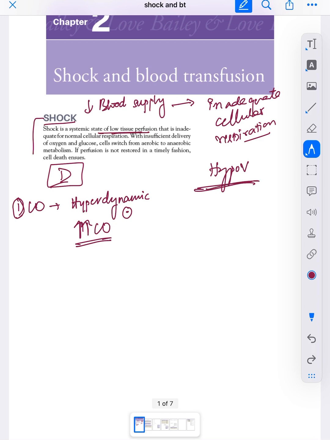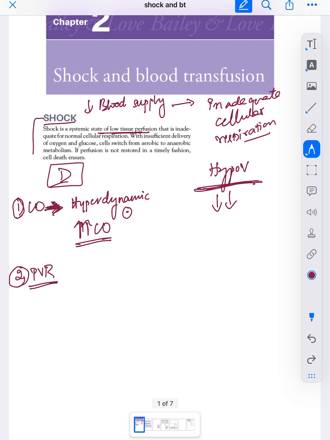What happens if there is hypovolemia? Cardiac output decreases, right? Do you have to mug this up? No. If you understand the concept, you can answer any kind of questions asked from this. What happens to the peripheral vascular resistance in case of distributive shock?